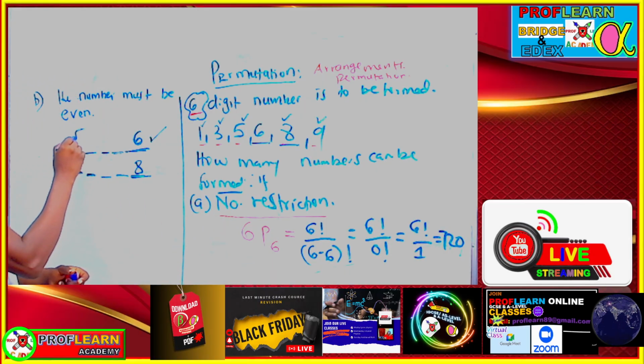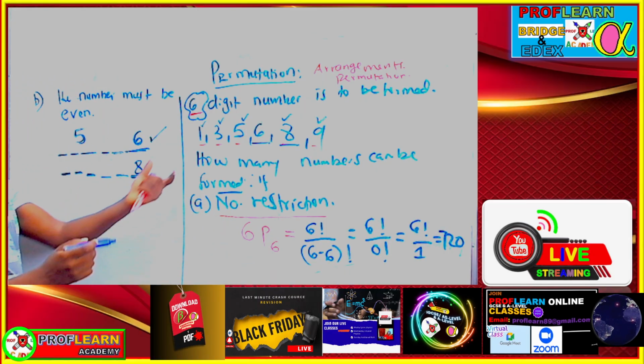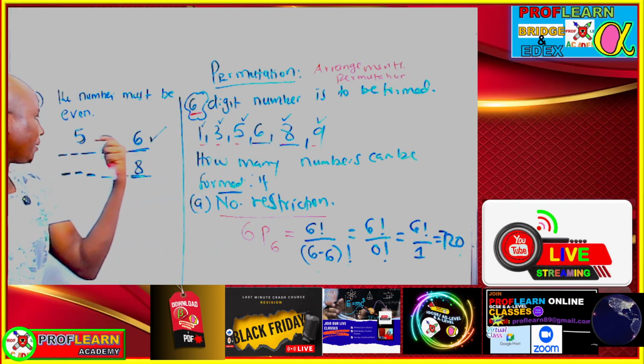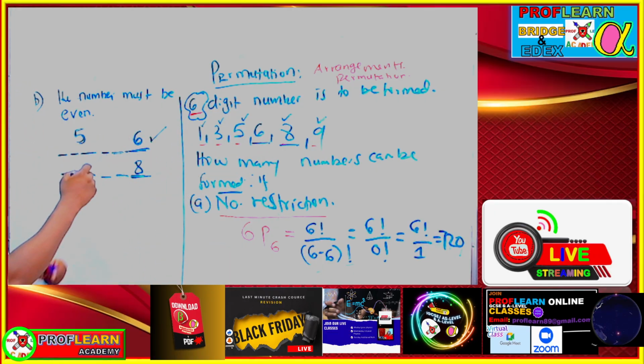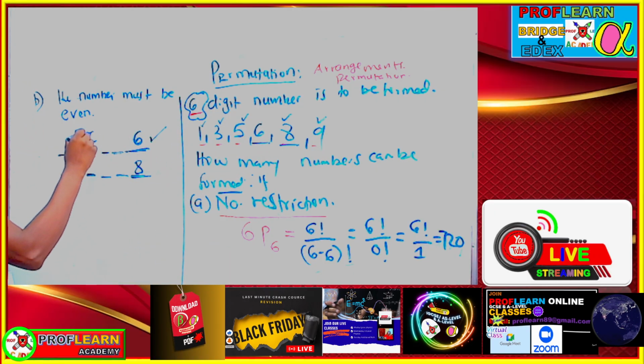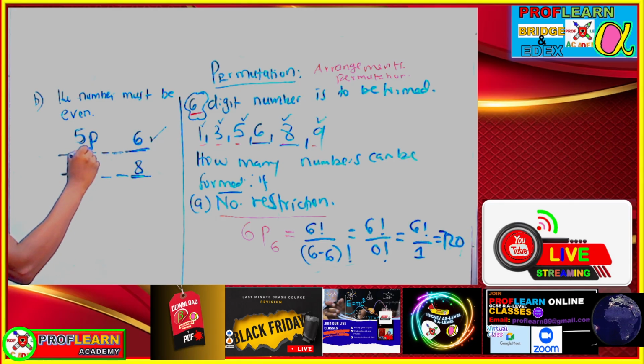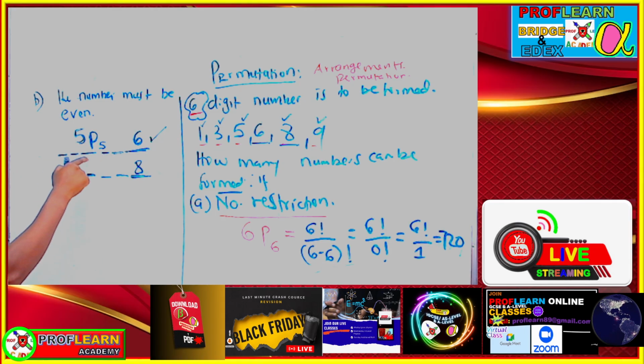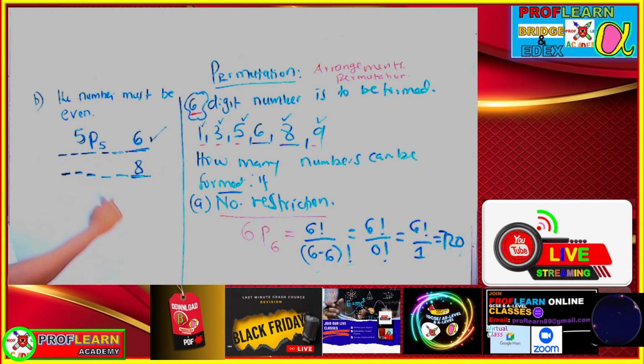So 5 numbers that can take these spaces, which is 5 permutation 5, which you can arrange in 5 different ways.